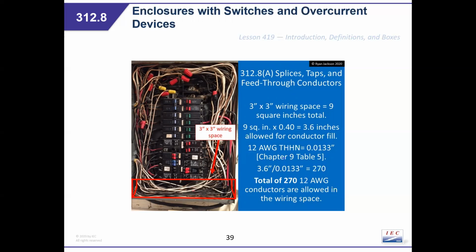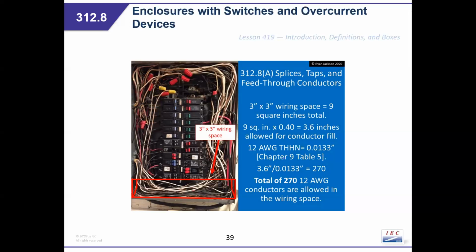According to Chapter 9, Table 5, number 12 THHN has an area of 0.0133 square inches. Dividing 3.6 square inches, the 40% of the 9 square inches we have, by the 0.0133 area, you have a total of 270 12-gauge conductors allowed in that wiring space.